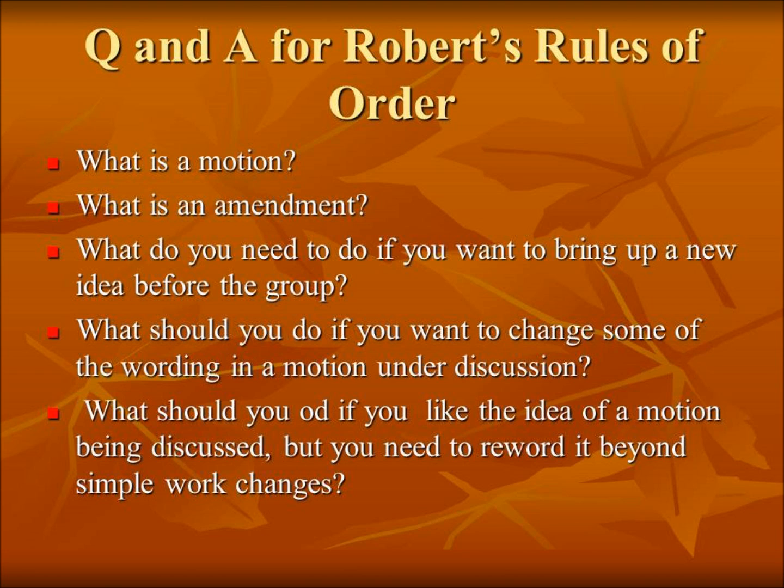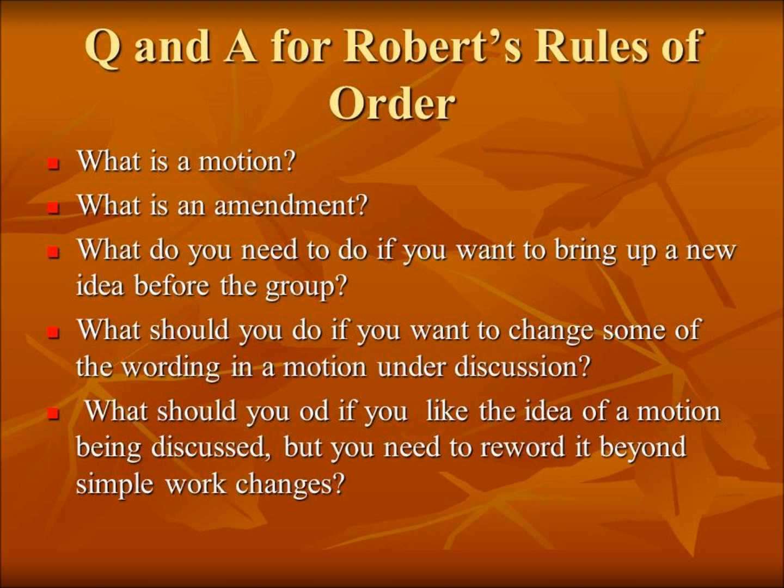A vote on the amendment is not a vote on the main motion, only on the amendment. Examples of simple word changes are insert or add words, strike out words, and strike out and insert words. Number 5, what should you do if you like the idea of a motion being discussed, but you need to reword it beyond just a simple word change?